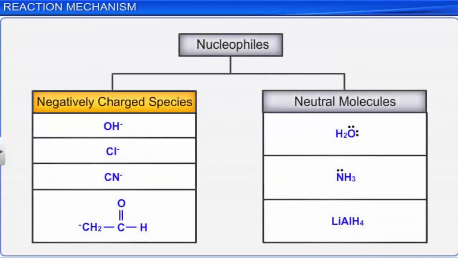Negatively charged species with lone pairs of electrons, such as hydroxide, chloride, cyanide ions and carbanions, and molecules such as water, ammonia and lithium aluminium hydride are some of the neutral nucleophiles.